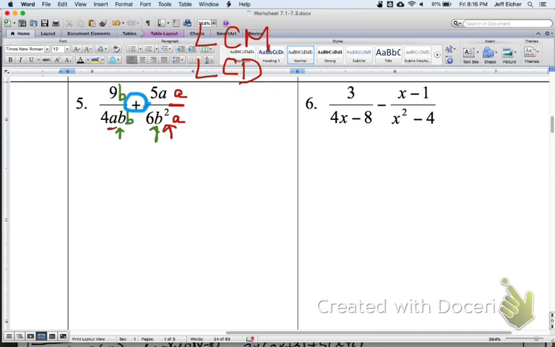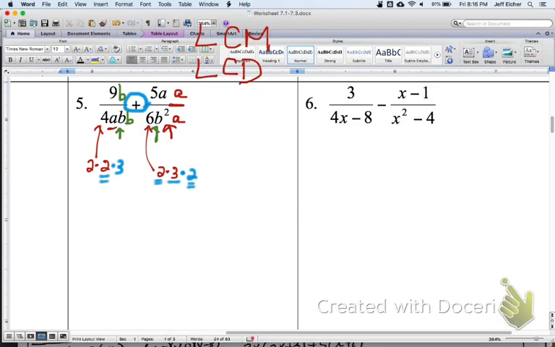And then let's see. This fraction has a 4, which is 2 times 2. And this fraction has a 6, which is 2 times 3. So the fraction on the left needs a 3 to match this 3. And then this fraction on the right needs a 2 so it can match that second 2.